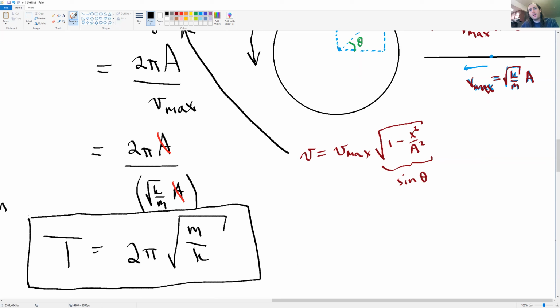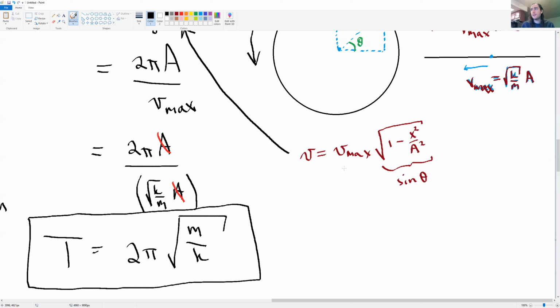So let's walk through the steps again. The reasoning matters here. We want to calculate the period of oscillation, the time it takes for one repetition. If we compress it and let it go until it's fully stretched, and then it comes back and compresses again, that would be one period.